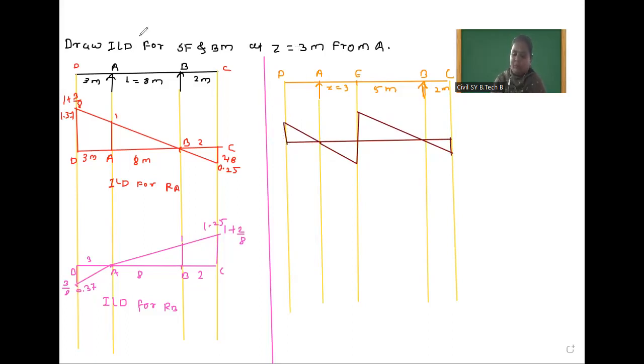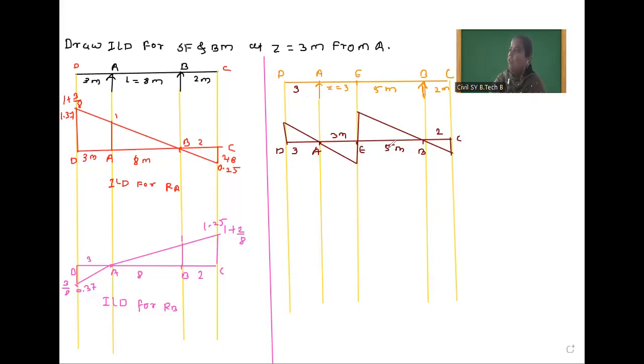We will mark values here. This distance is 3 meter. Here D point, this is A point, this is E point, this is B point, and this is the C point. This distance is 2 meters. This distance 5 meter, 3 meter, and this distance is also 3 meter. So we have to find out values here.